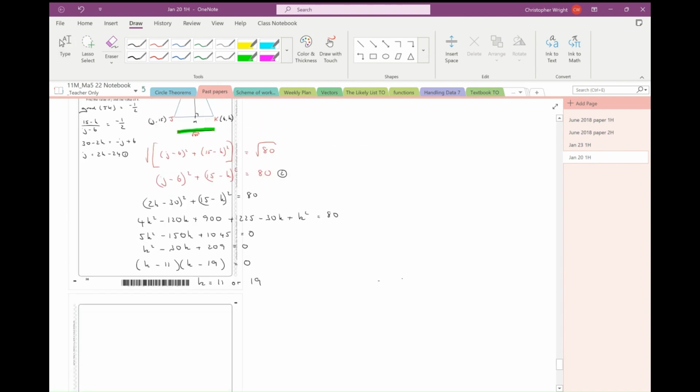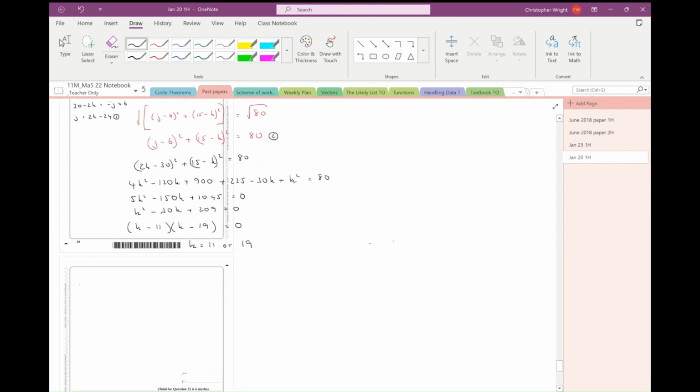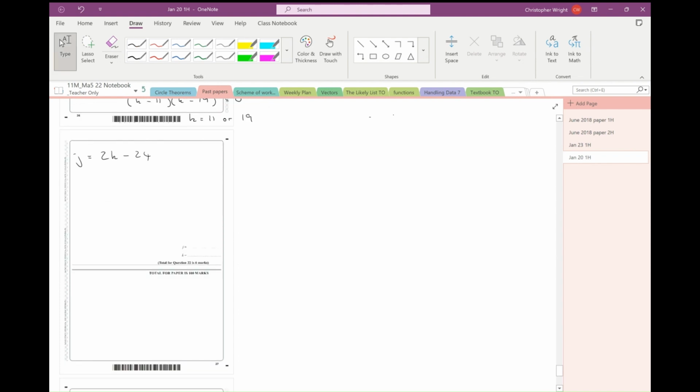Right, let's go back. We've got an equation for j here. We know that j is 2k minus 24. So if k is 11, then j will equal 2 11s, 22, minus 24, minus 2. And if k is 19, then j will be 2 19s, 38, minus 24, 14.